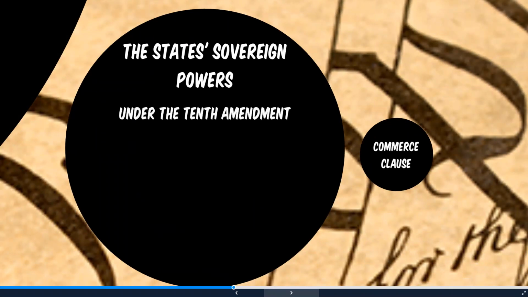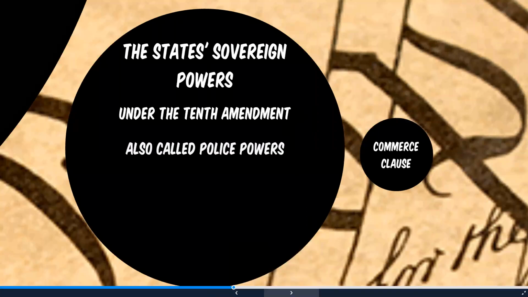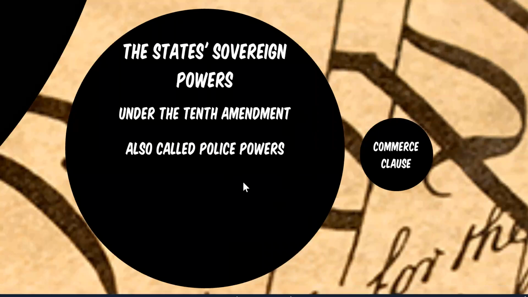So the states have what we call sovereign powers, and sovereign means a government alone. So sovereign is a government, and the state's government powers can be found under the 10th Amendment. And we call these police powers. So you'll see the term police powers, and by police powers we don't mean the traditional police officer, law enforcement.